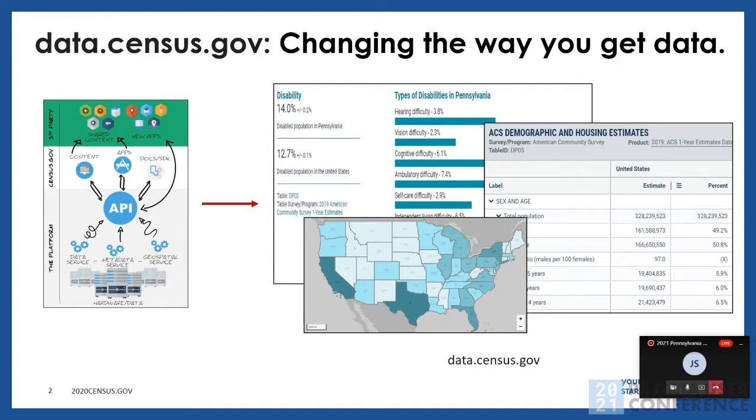So I wanted to start at the beginning to make sure that we're all on the same page of what we're doing and why it's different than what we have been doing in the past.